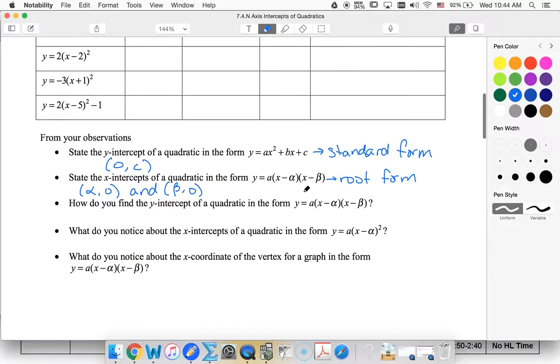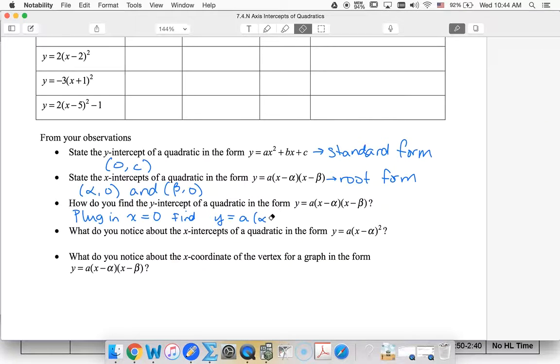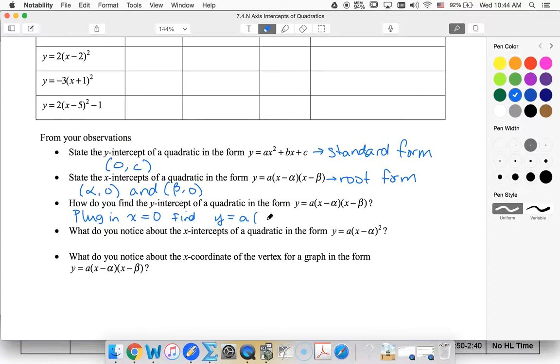So to find the y-intercept, plug in x equals 0, and we are always going to find that the y value is going to be a times negative alpha times negative beta. Notice that negative is going to go away, so a times alpha times beta is always going to be your y-intercept.